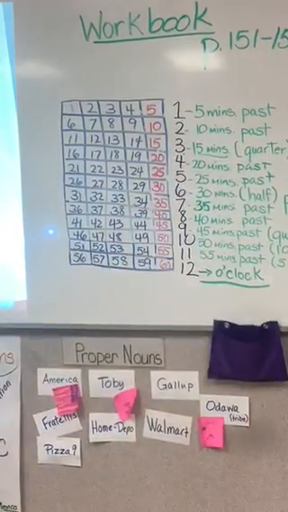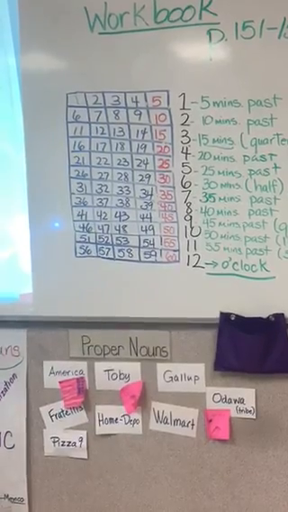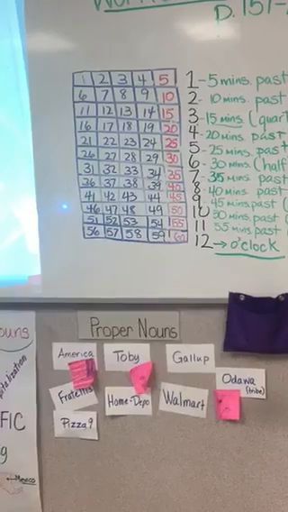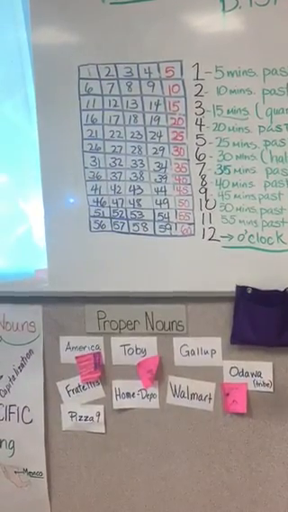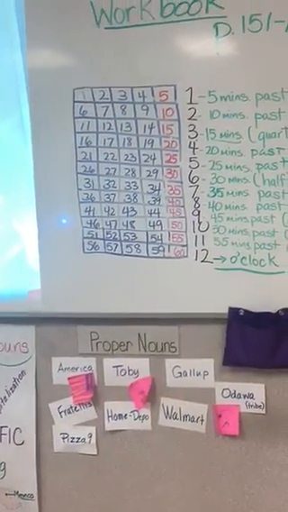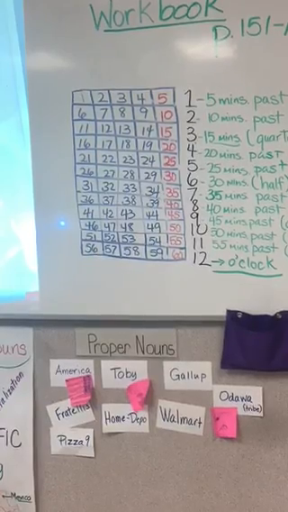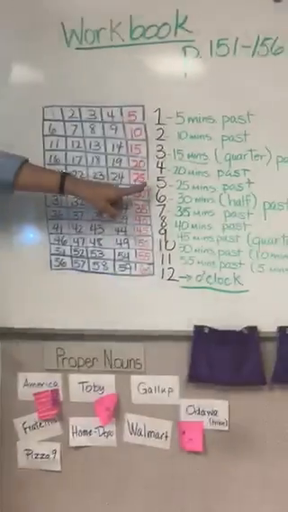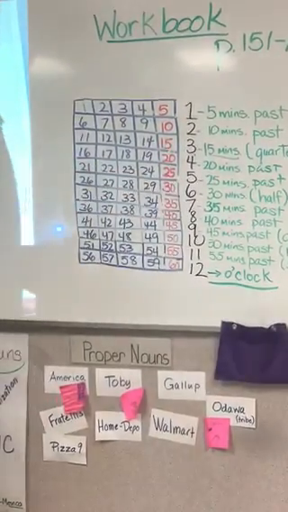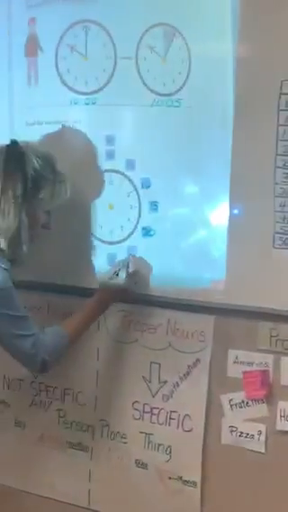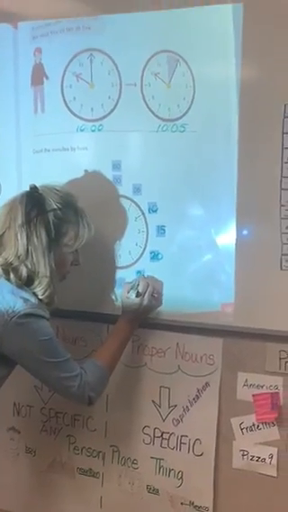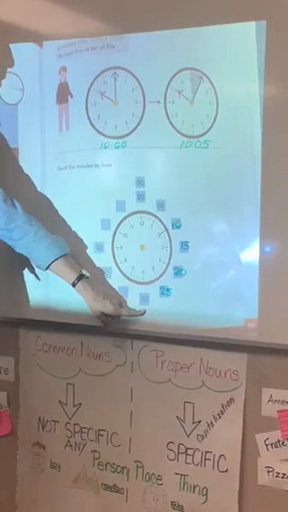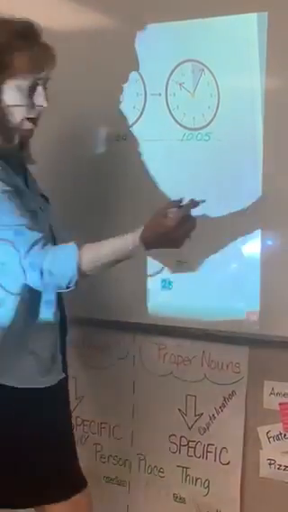So now, if this clock had the minute hand on the 4 and it was at the 10, 10 and 4, it would be 20 minutes past 10, wouldn't it? Good. What's the 5? What does the 5 equal? Good. 25 minutes past. 25 minutes past. The 30 we already know, that's half past, right?